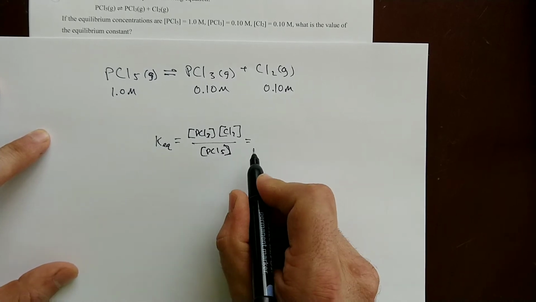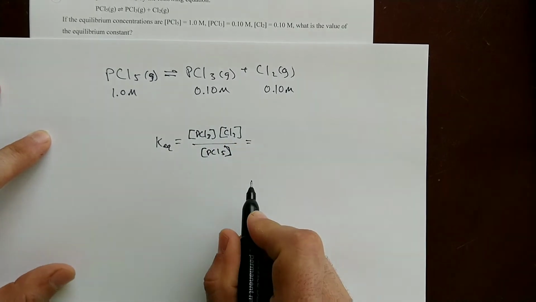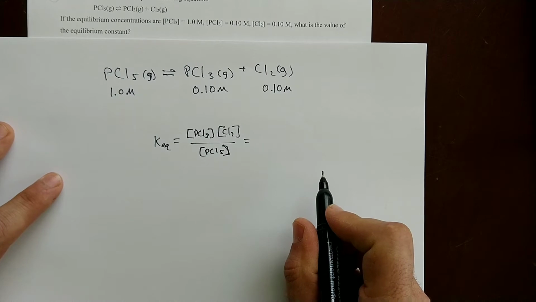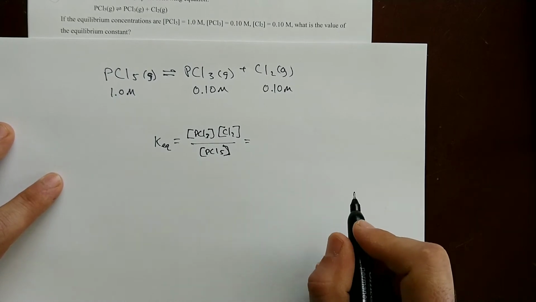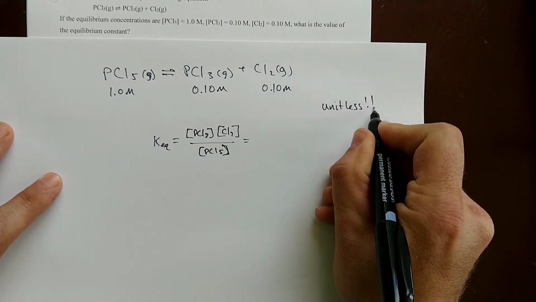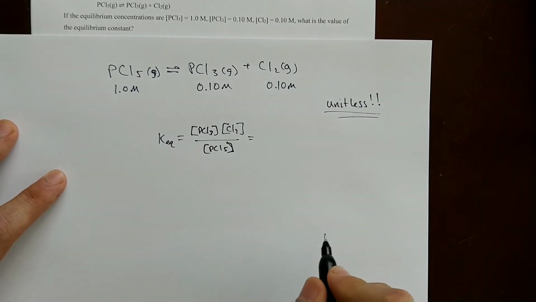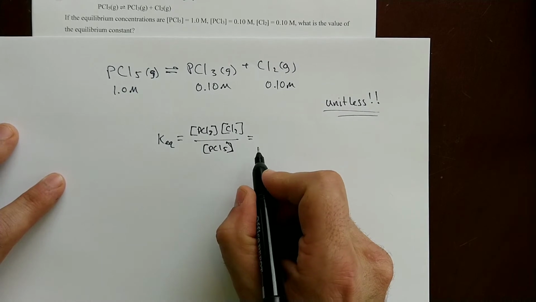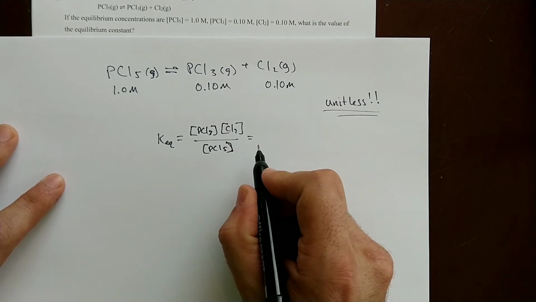So to solve this problem now, literally all we need to do is plug in those numbers. And you're going to be totally shocked when I say that, but we actually plug them in unitless. There's reasons for that, but they're not really worth going into right now.